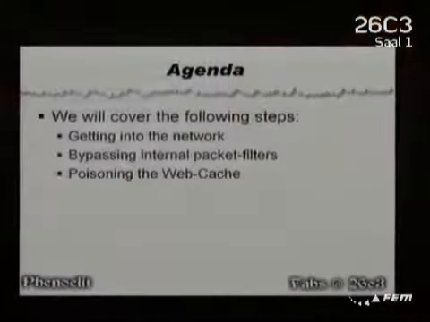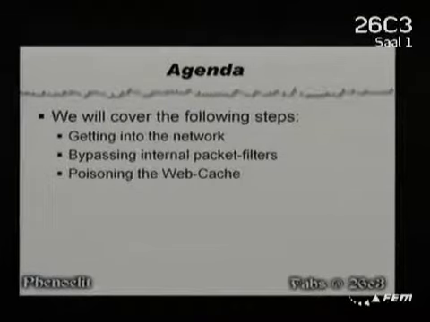So we're going to do the entire thing. We're going to show how you get into the network, and once you are in the network, before you can work all your layer 2 tricks, you'll probably have to bypass one filter or two, because just being in the network doesn't mean being in the network.